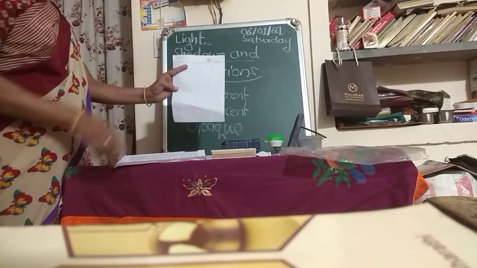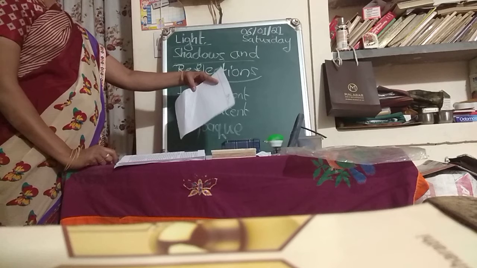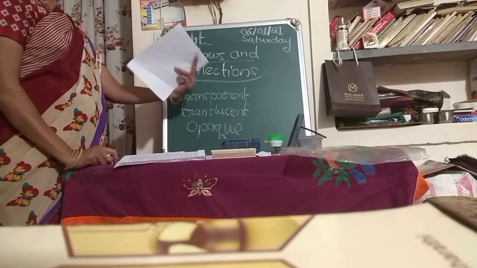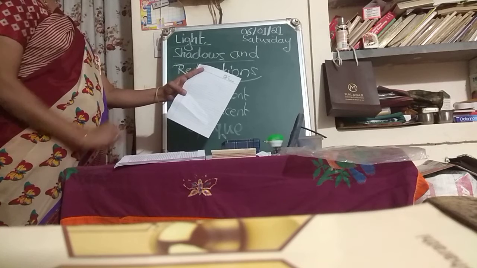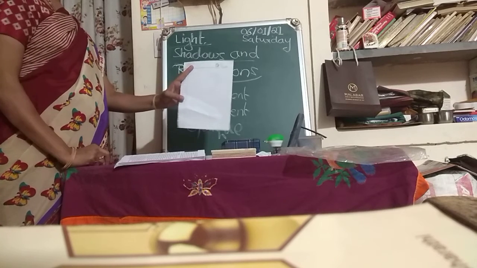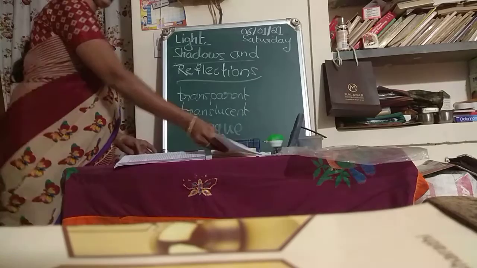Here some light rays pass through it partially. So this is translucent. Not completely, not fully blocked either, light rays pass through it partially. So this is a translucent object.